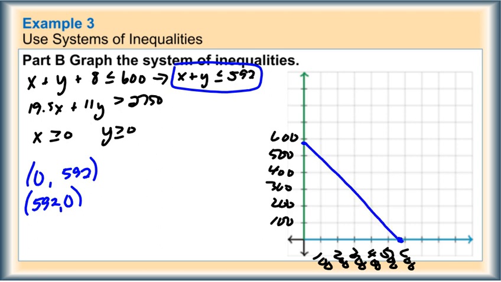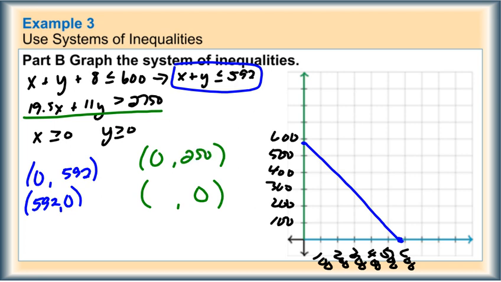And then for the green one, we'll use this one. So we're going to do the intercepts for this one when x is 0 and then when y is 0. When x is 0, 2750 divided by 11 gives us 250. So on the y-axis, we have 250. So that would be roughly here.